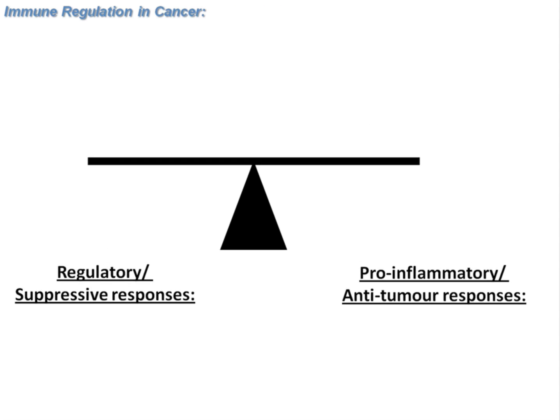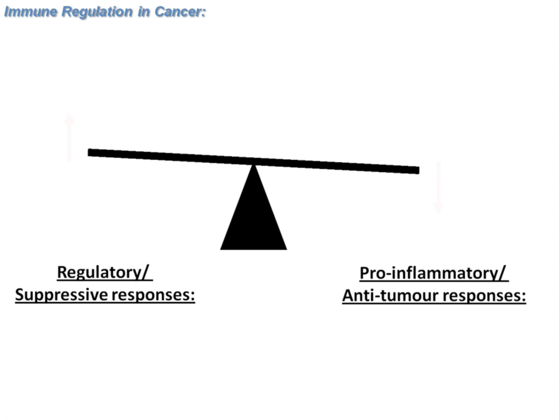Likewise, we see a similar but somewhat opposite situation in immune regulation as it relates to cancer. Normally in a tumor, our bodies mount an anti-tumor response, but unfortunately the tumor itself produces suppressive and regulatory molecules that dampen down this pro-inflammatory, anti-tumor response.